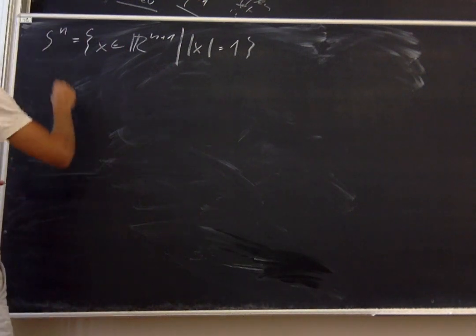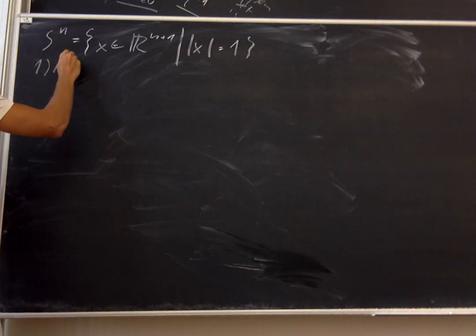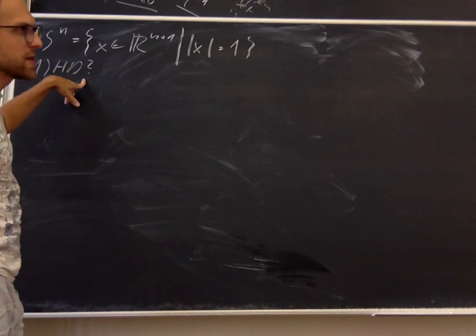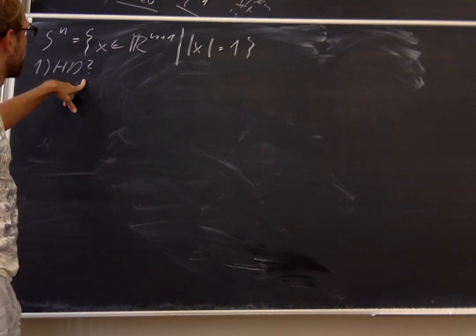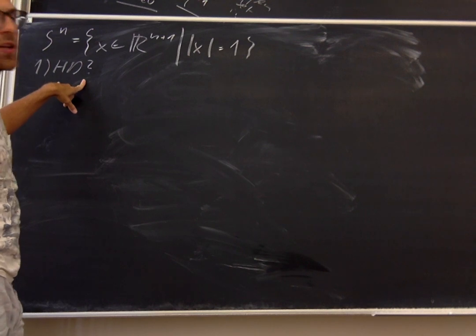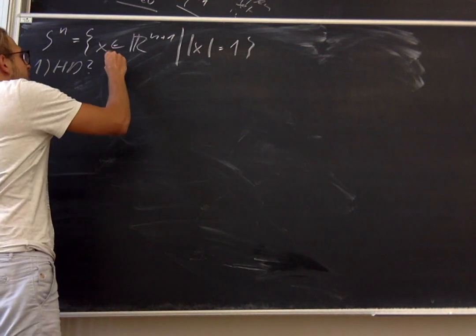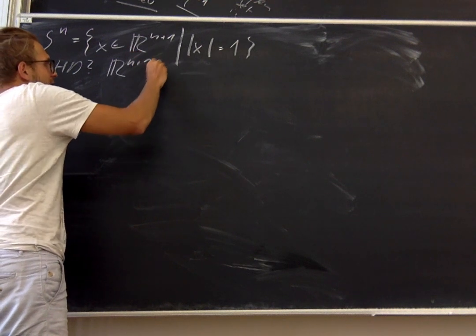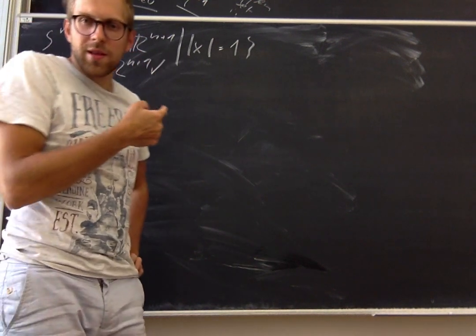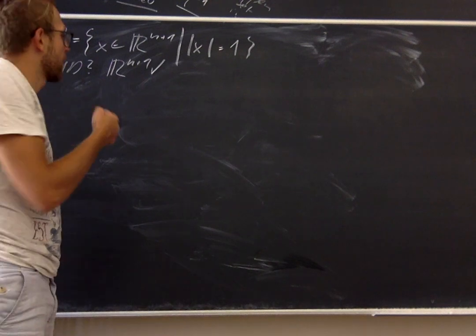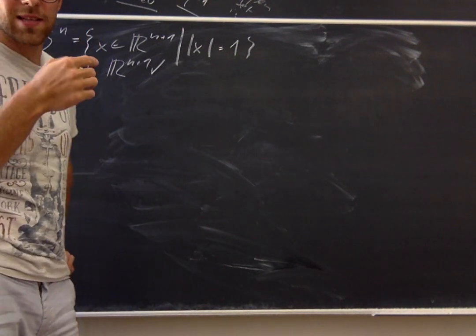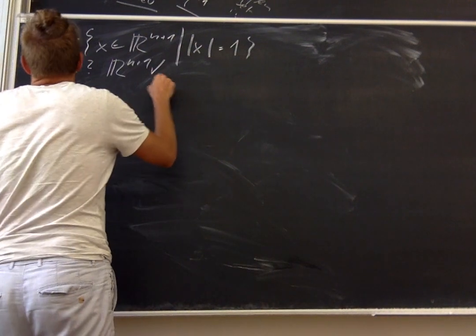So number 1, is it Hausdorff? Actually yes, because we've just verified that R^(n+1) is Hausdorff, and we know that this is a subspace of R^(n+1). Any subspace of a Hausdorff space is a Hausdorff space, so we got that one.